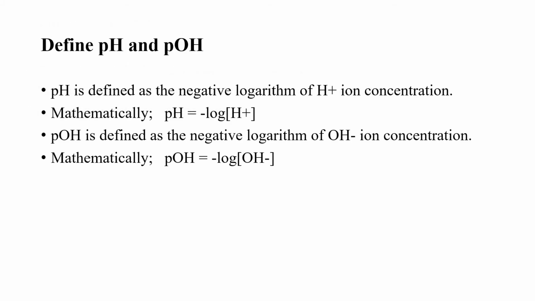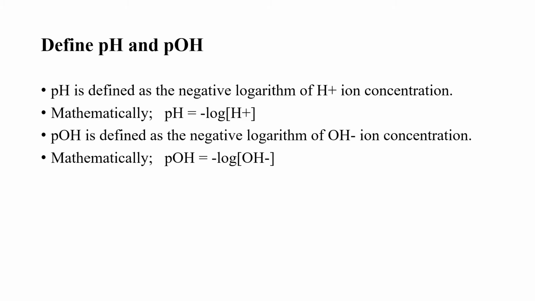The next most important question regarding the paper point of view is the pH and pOH. If we want to define pH, how can we define it? pH is a very important concept in chemistry. Why was it introduced? Because the proton concentrations or hydroxide concentrations are always in powers of 10, and they are very difficult to deal with.